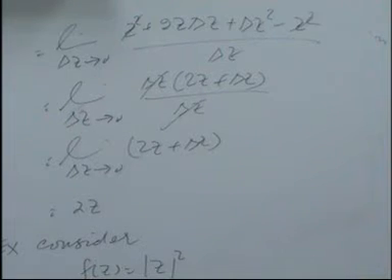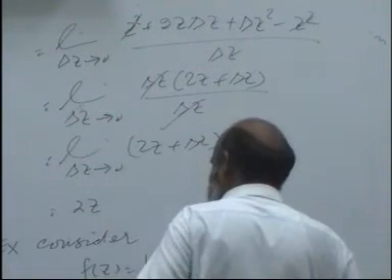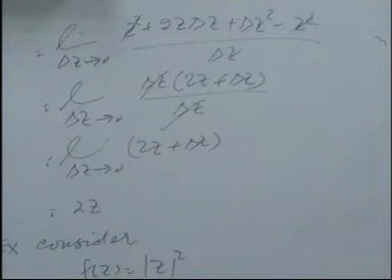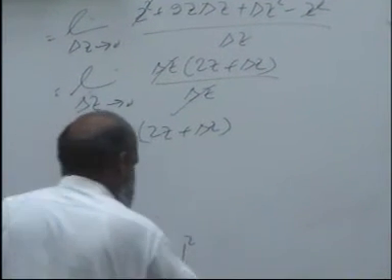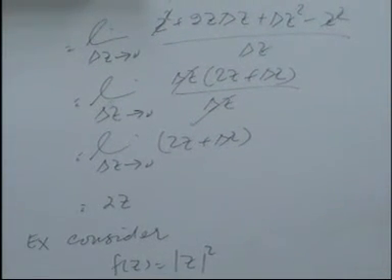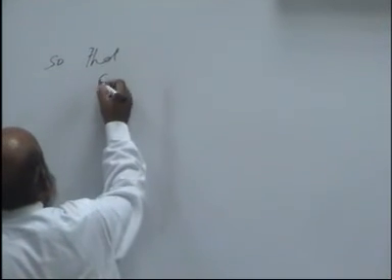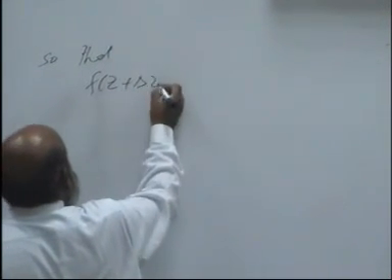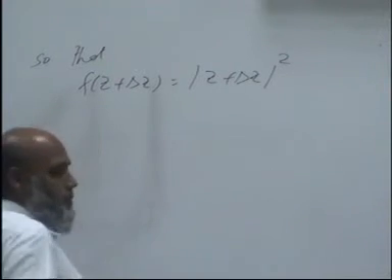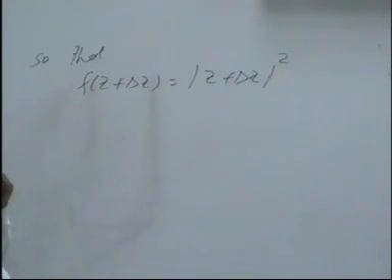So f of z plus delta z is z plus delta z mod square, just replacing z with z plus delta z.